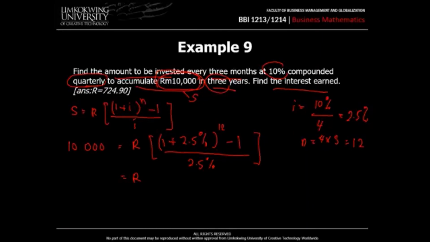2.5 divided by 100, plus 1, to the index of 12, minus 1, divided by 2.5 over 100. 13.8. 13.8. 13 point something.